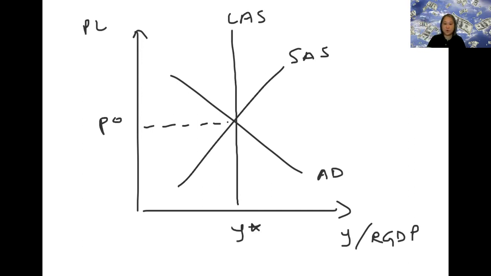This is the most ideal, and there is a name for this: we call this our long run equilibrium. So our long run equilibrium is basically where our short run supply curve, our long run supply curve, and our AD curve all meet. This is the most ideal situation.